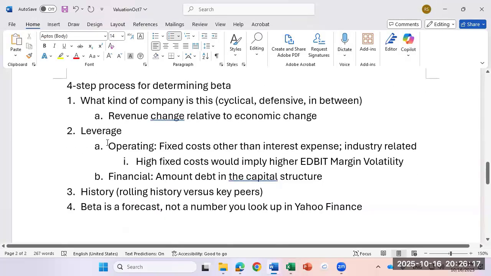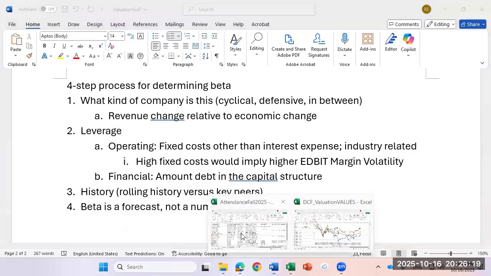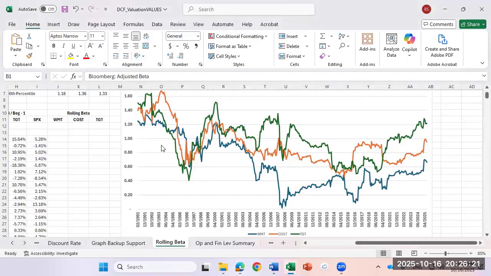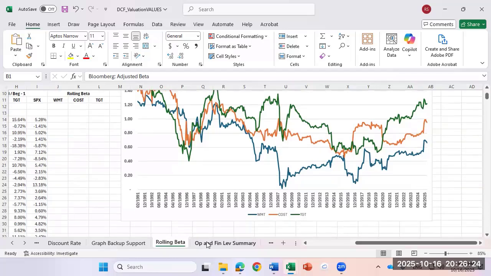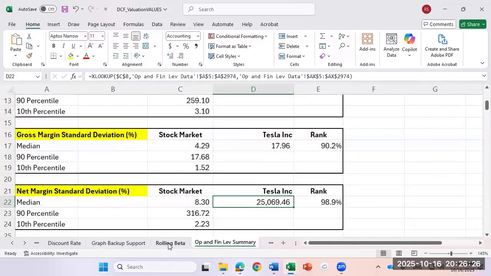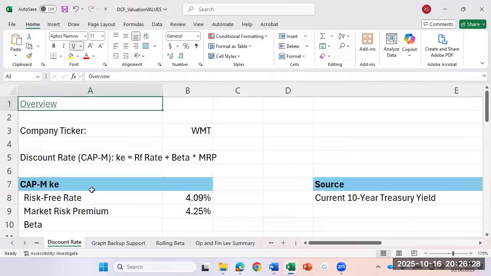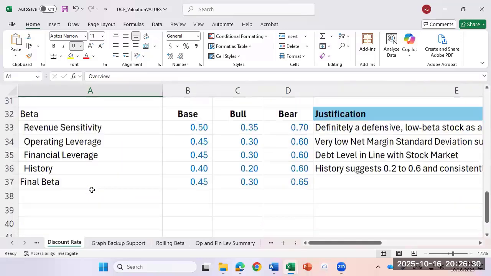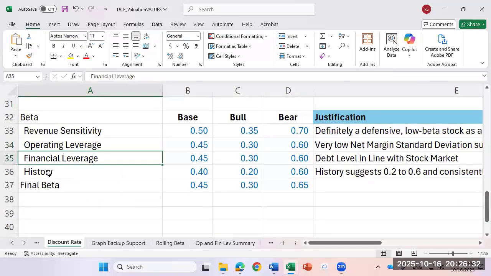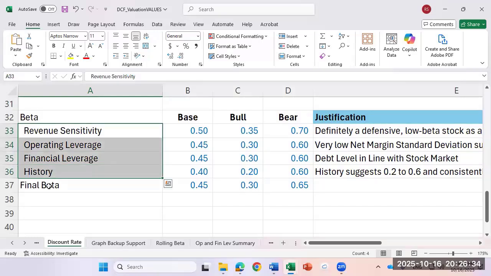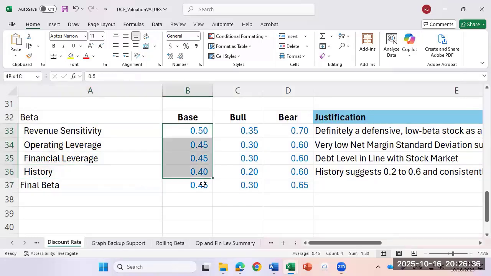That's the process you want to do. When you do that in the Excel spreadsheet, you get the chart, you get the operating leverage, you put all that in there. And when you come to the discount rate, you need to come up with your assumptions. I do it by looking at the four pieces, and then it's very subjective.